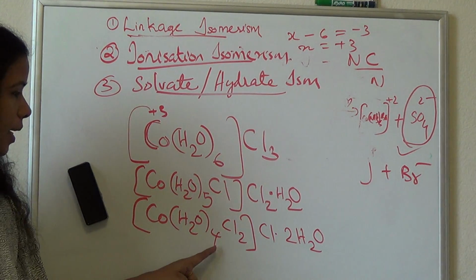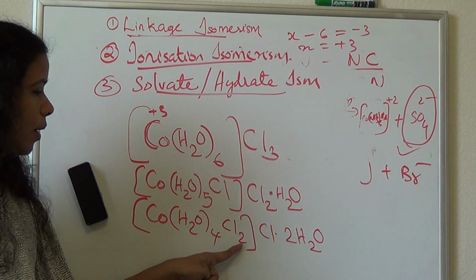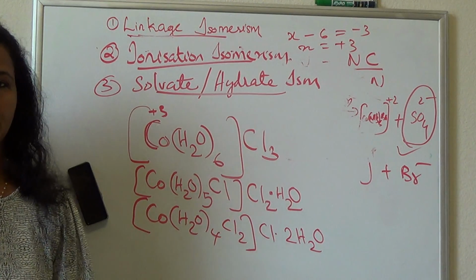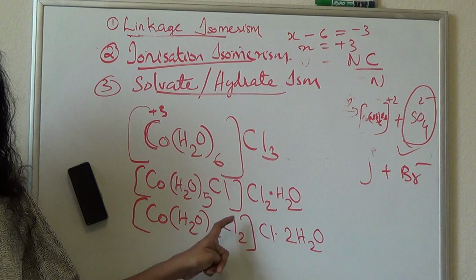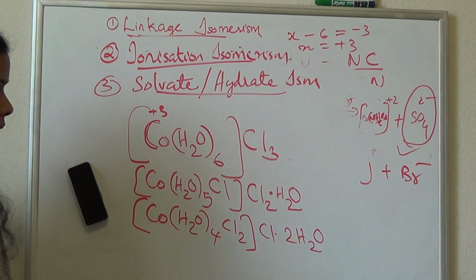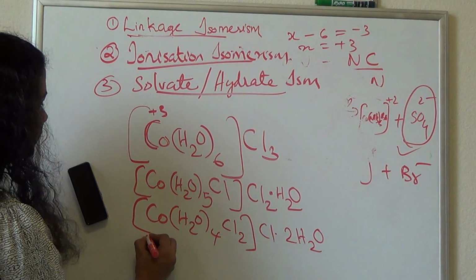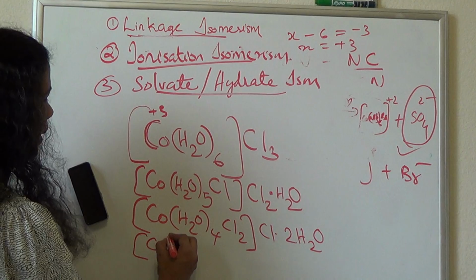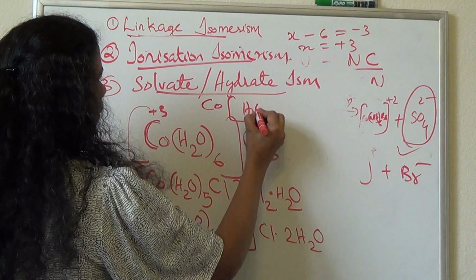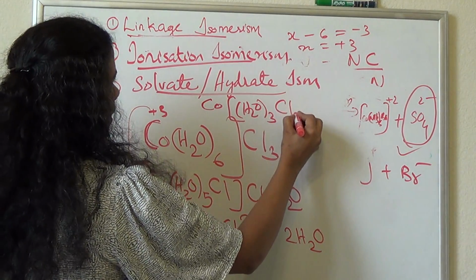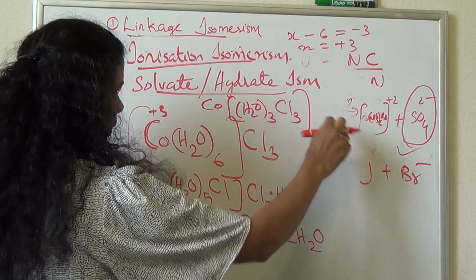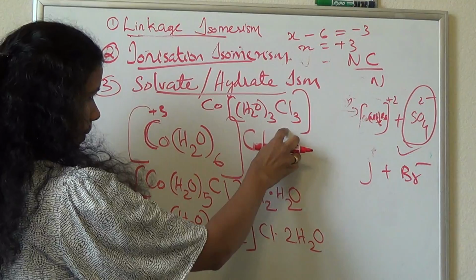So its name is tetraaquadichlorocobalt 3 chloride dihydrate. We can write one more example. Co(H2O)3Cl3. Total coordination number is 6. There is no chlorine outside because there are only 3 chlorine. We make it inside.